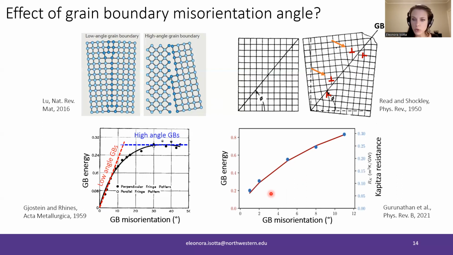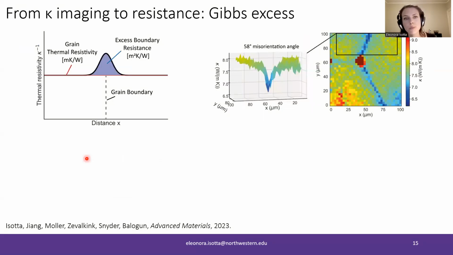But in order to compare our results with theoretical results from the literature, we need a way to extract an equivalent thermal resistance from our thermal conductivity measurements. To do so, we have employed a Gibbs excess approach. In short, if we make a cross-section at a grain boundary, the thermal resistivity, that is the inverse of thermal conductivity, is expected to be constant in the grain, then locally increasing at the grain boundary, and then constant again in the grain.